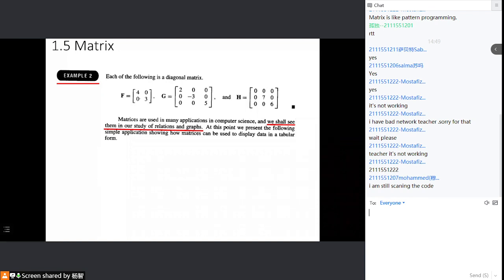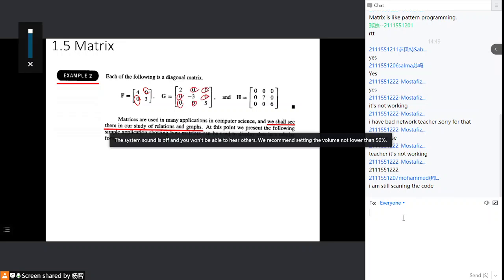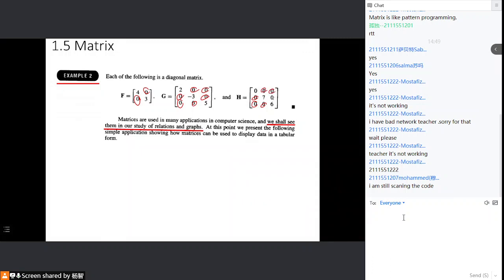Because the element of the main diagonal is equal to 0. The element of the main diagonal is equal to 0. So this is the diagonal matrix. Is that right? F, G, and H are matrices.